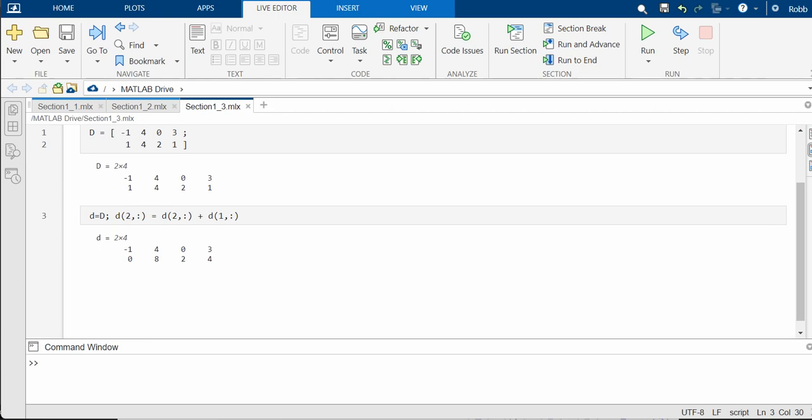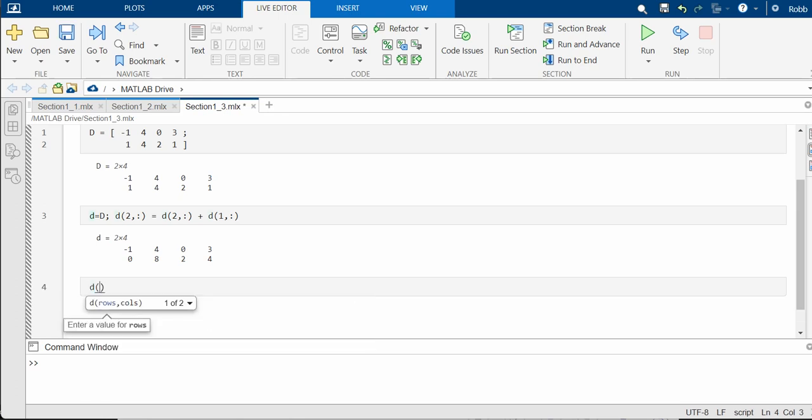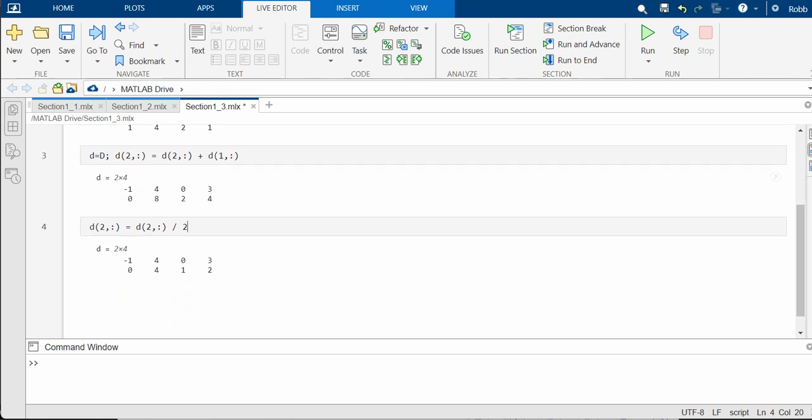And now what I'm going to do is take row 2 and divide through by 2, right? So D2, the second row of the little d matrix, is going to be itself divided by 2. Again, you can think of this as multiplying through by 1/2 or dividing through by 2. Either way works. Okay.